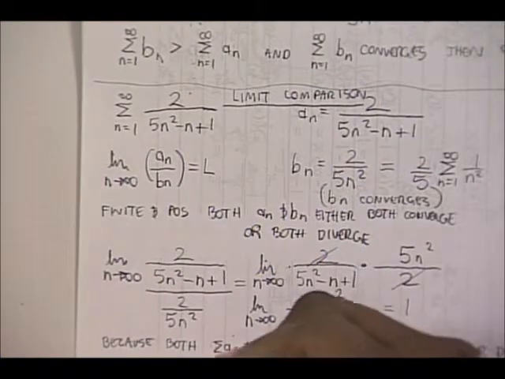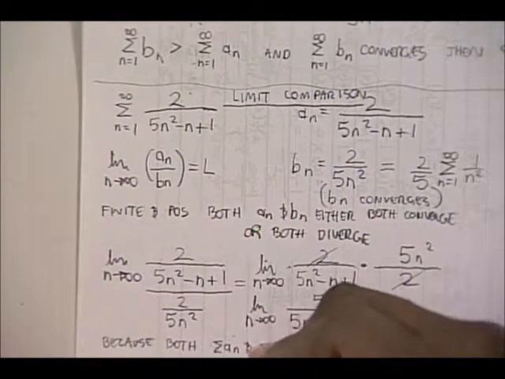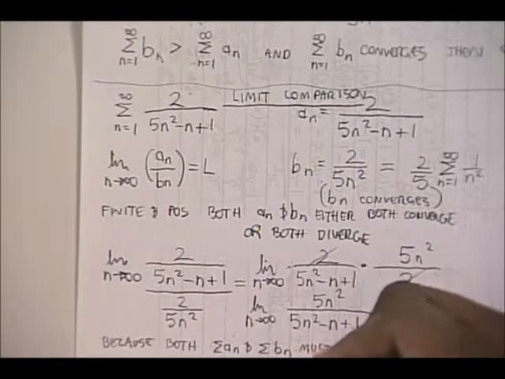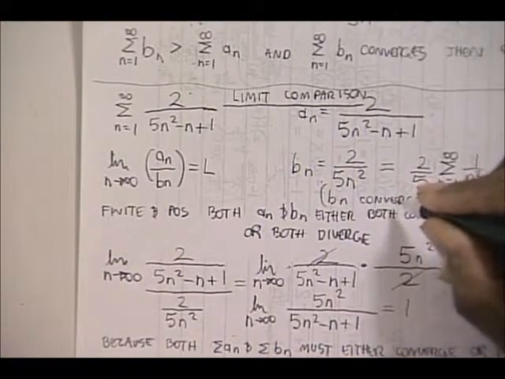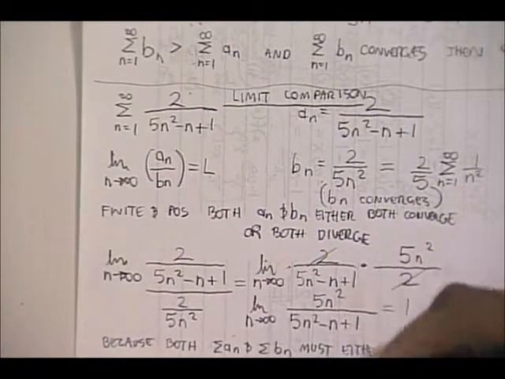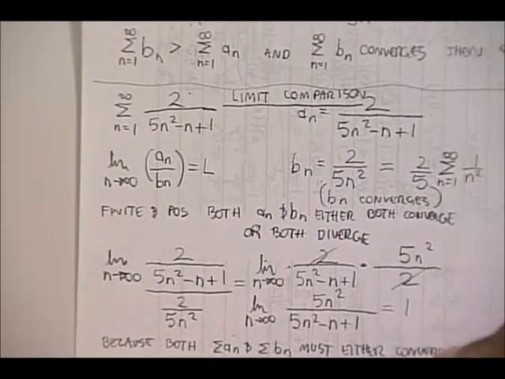and it was already determined that b sub n converged, I had already determined earlier that b sub n converged, then a sub n, the original problem, must converge. All right, must converge.